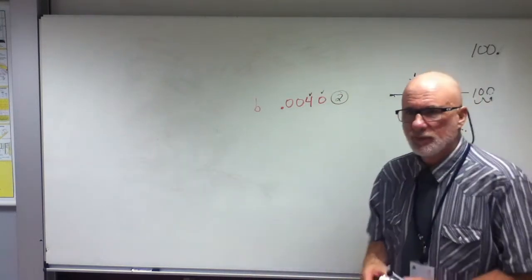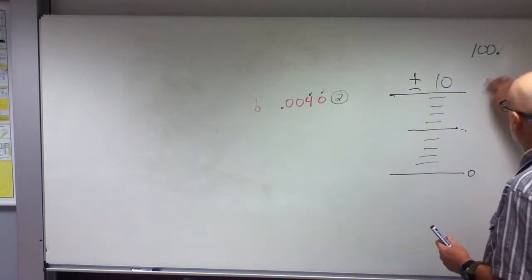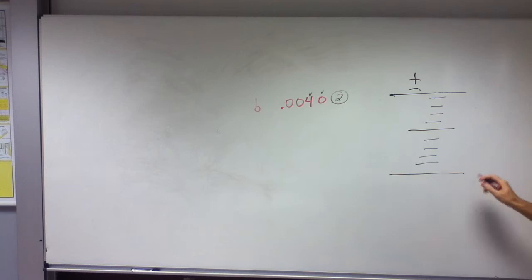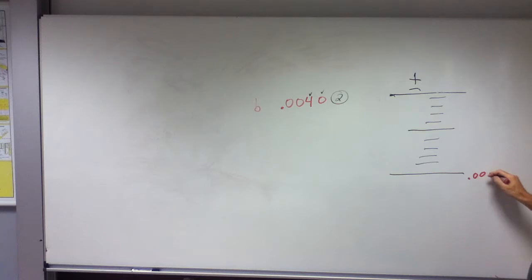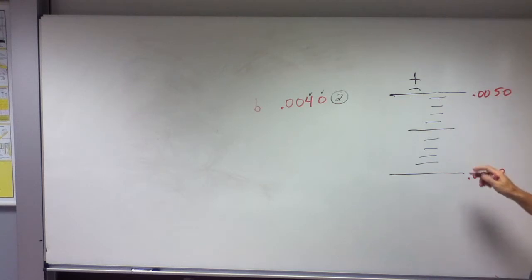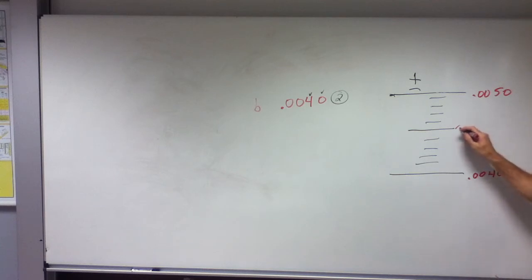What happens is this. I have a scale. And let's say the scale is 0.00, I don't know, 0.005. So what would this measurement be here? 0.0045.